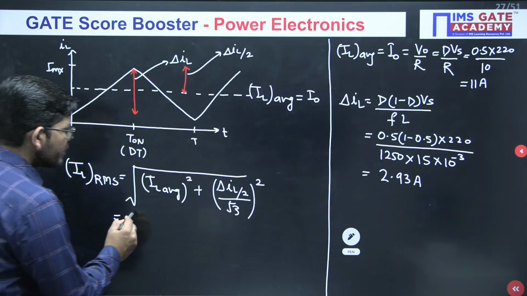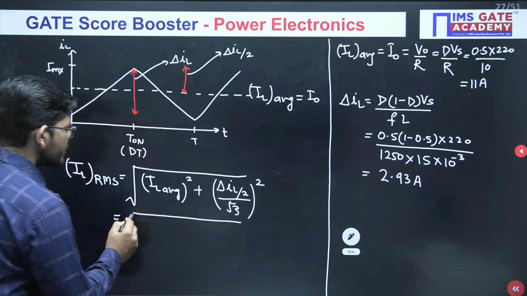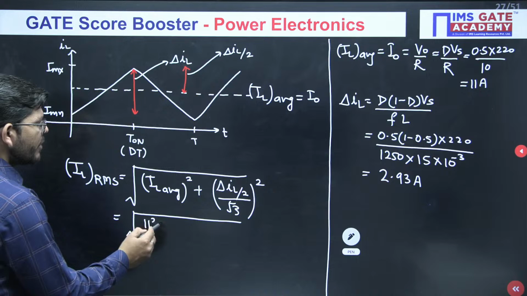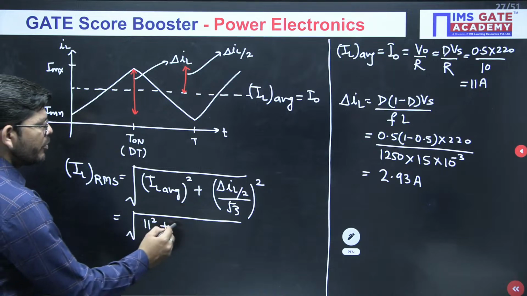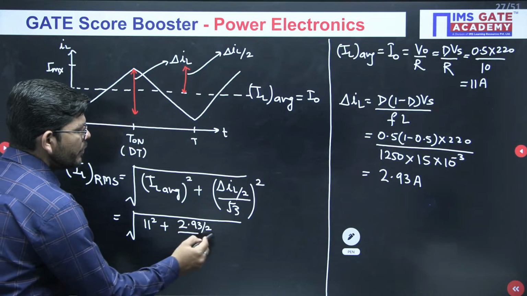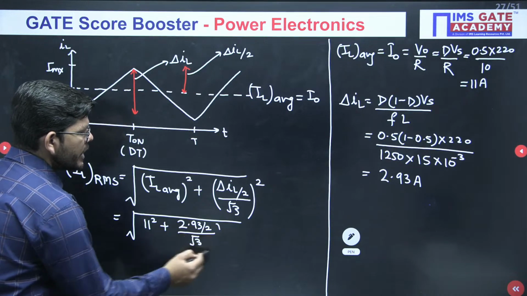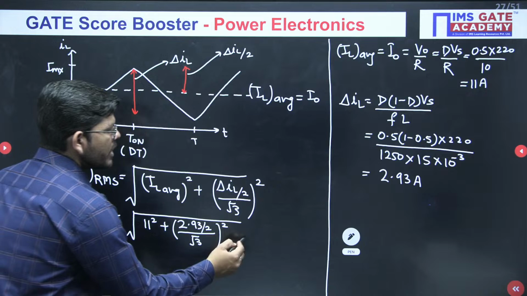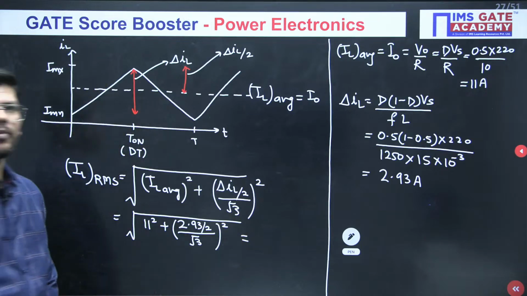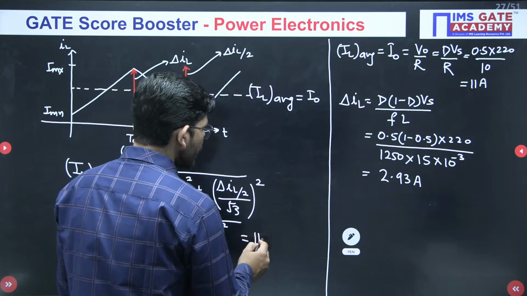Now come back here and calculate this. IL average you have calculated as 11. So the square of 11 plus delta IL by 2, that is 2.93 divided by 2, divided by root 3, squared. When you calculate it, you will get 11.13 ampere.